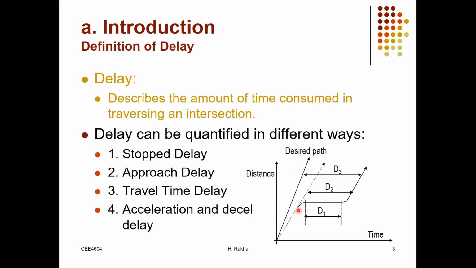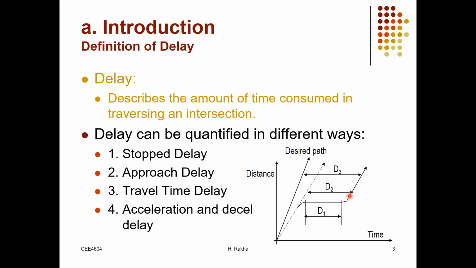And then 4, which is this portion here, would be the acceleration deceleration delay, which would be the difference between D2 minus D1. So D2 minus D1 would give me the portion of my delay that is a result of my deceleration and acceleration. Is that clear?